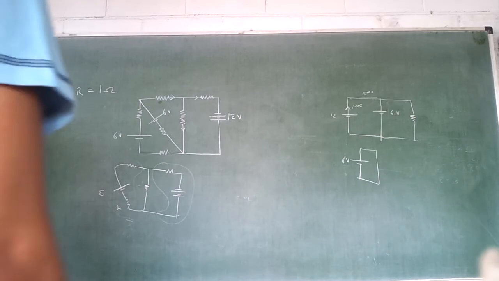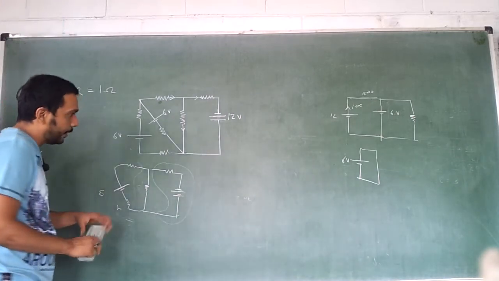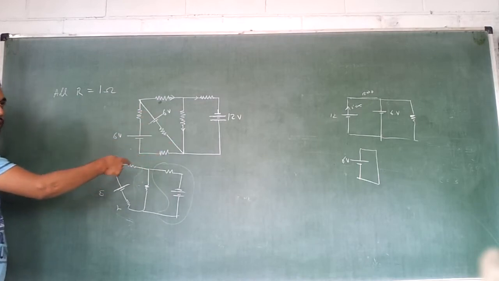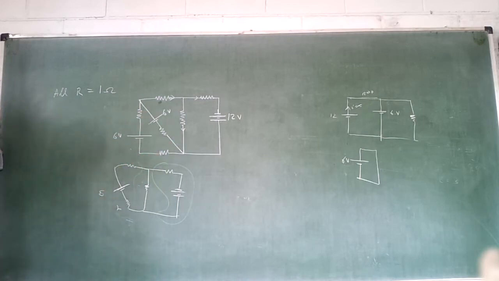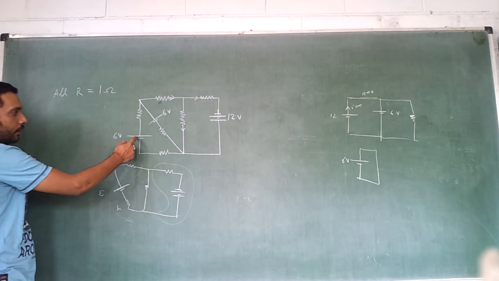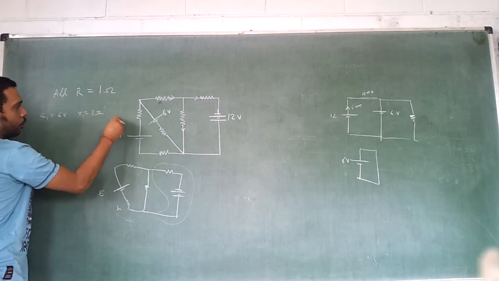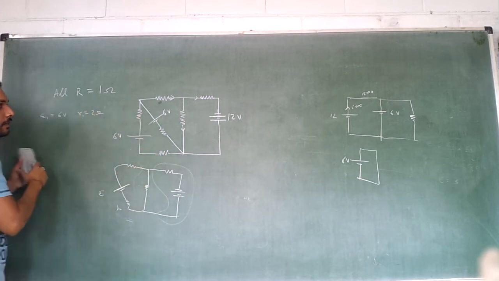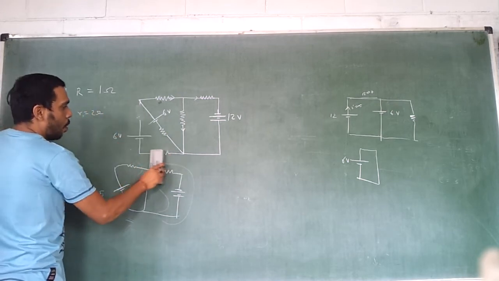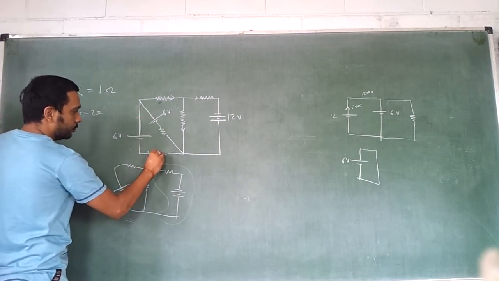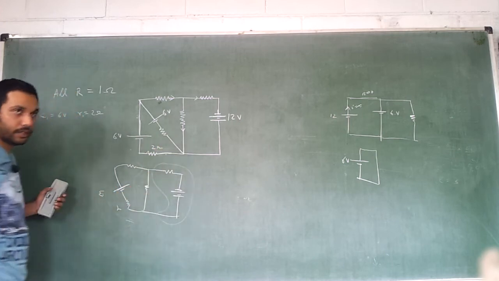Okay, now do it stepwise. First we'll reduce this part. So this is what? E1 is 6 volt, R1 is 2 ohms. This and this together can be written as a single internal resistance of 2 ohms, right?